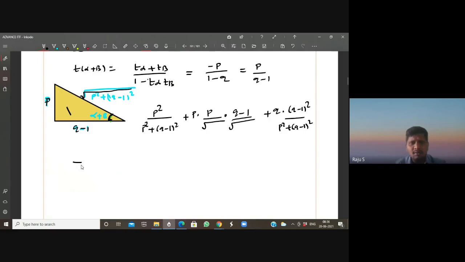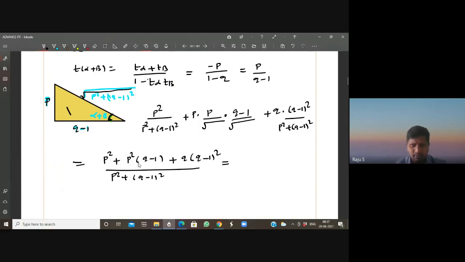So the denominator will be the same. Am I right? So finally p square plus p square into q minus 1 plus q into q minus 1 the whole square, over the denominator p square plus q minus 1 the whole square. Now p square is common.